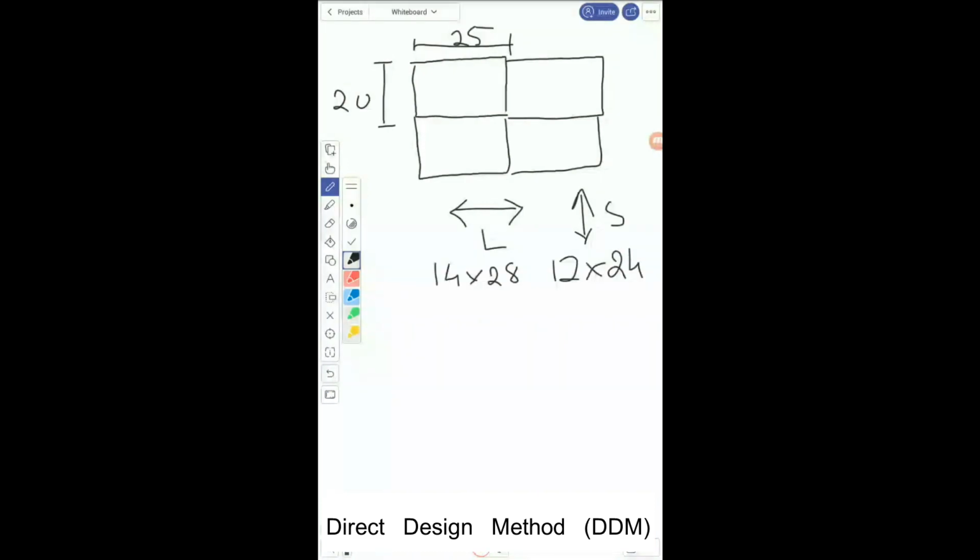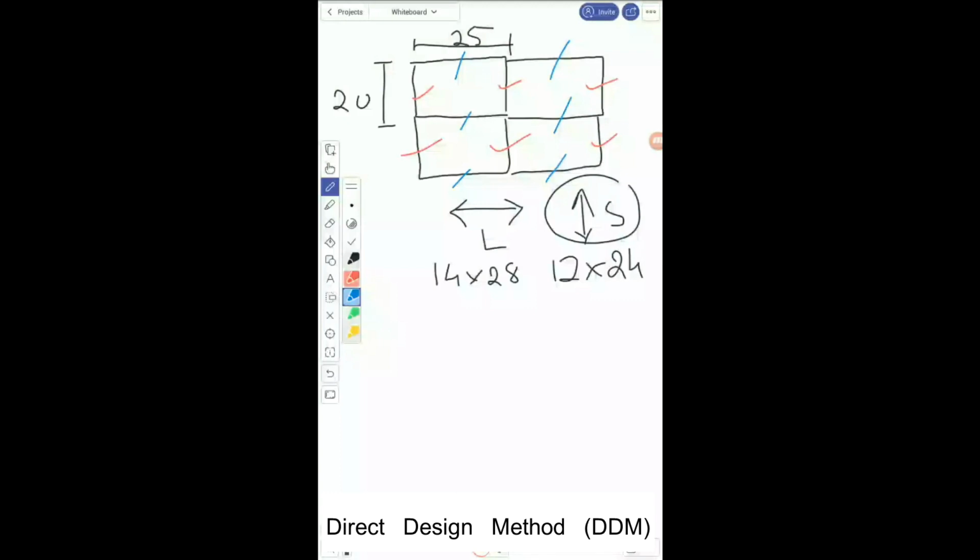So all the beams that are running in this particular shorter direction are all 12 cross 24. For example, this one will be 12 cross 24, this one, this one, this one, this one, this one, all these are 12 by 24. However, the ones running in this direction, this one, this one, this one, this one, this one, they are all 14 cross 28.